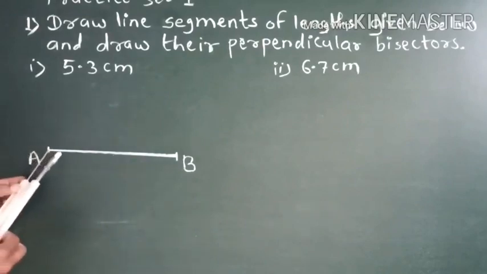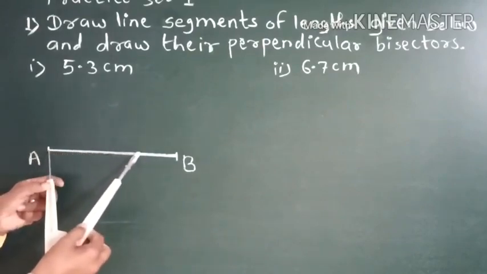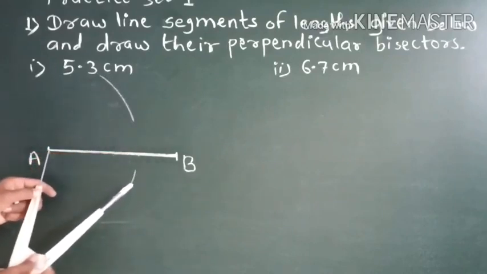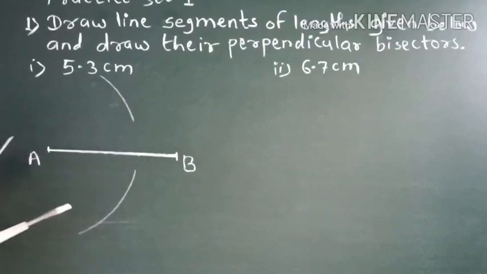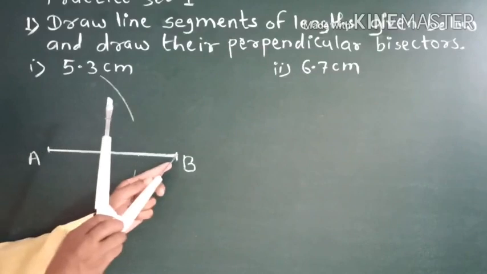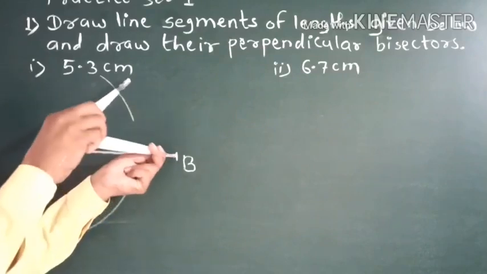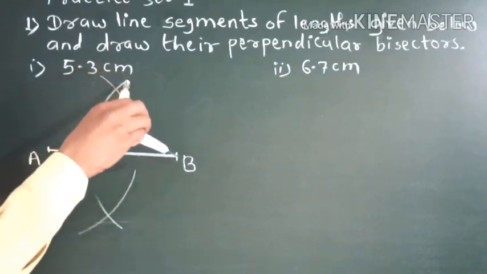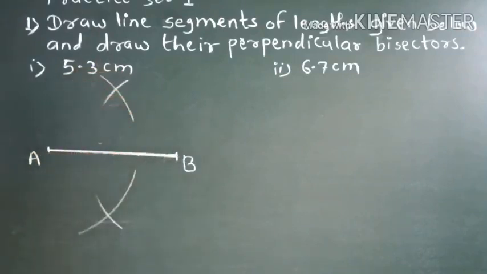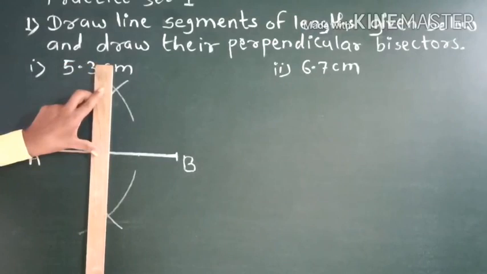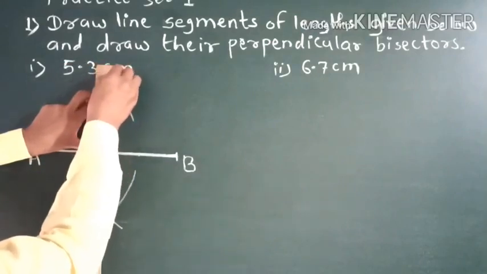We take more than half, आधे से ज़्यादा, and we draw arcs, one above the line segment and the other below the line segment. With the same distance, we place the metal end on the other end point and we draw other arcs above the line segment and below the line segment. And we draw a line passing through the intersecting points of the arcs.